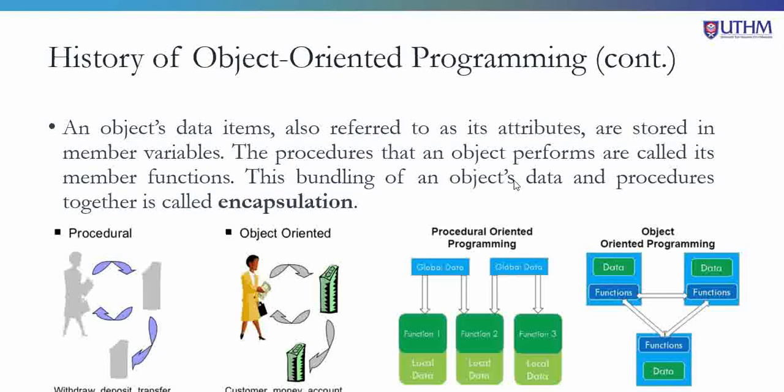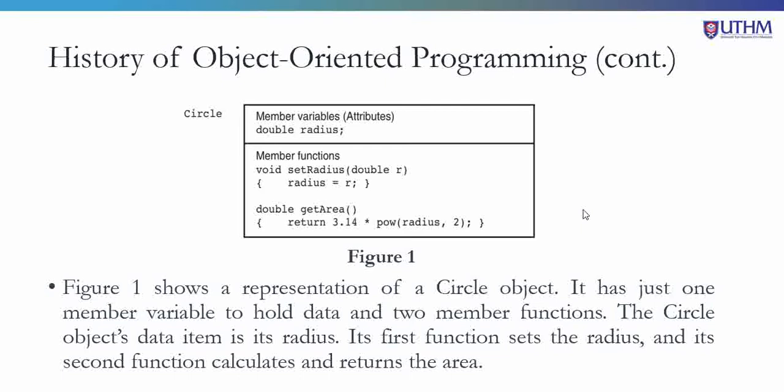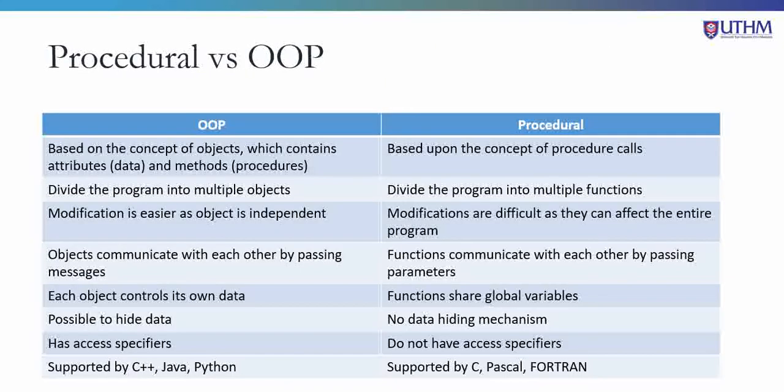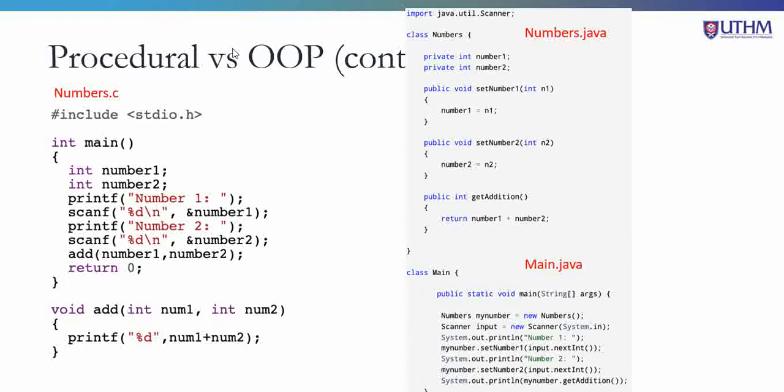So this is an example of a class whereby we combine the data, okay, and these are the functions. Okay, and we combine it together. Okay, the left hand side is the procedural programming, and the right hand side is the OOP programming.